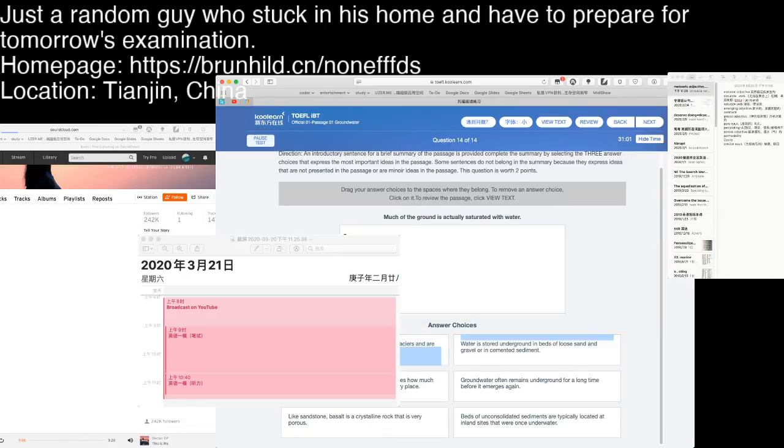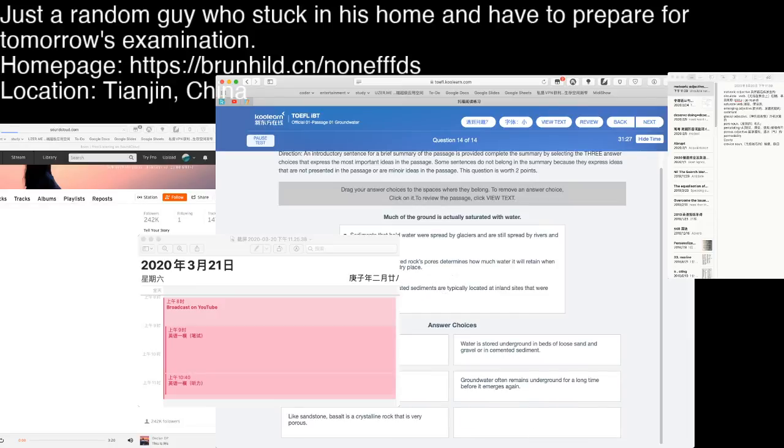How can I choose them? Do I need to drag them? Okay, I thought my browser didn't support that. I just don't know if it is right, but I don't care about everything, so just go.